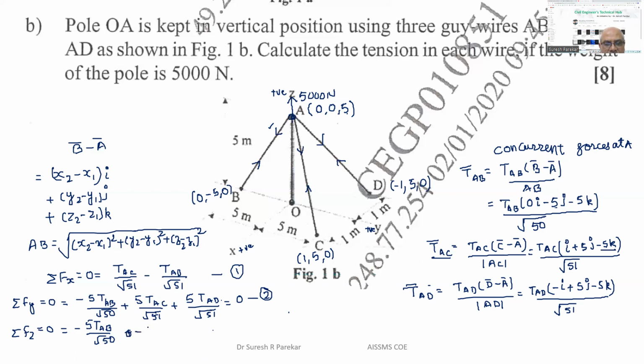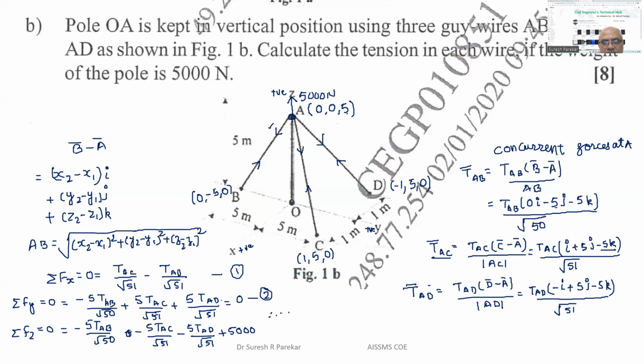So minus 5 TAC upon root 51 and minus 5 TAD upon root 51. And then this will be plus 5,000. And therefore we will get the third equation.